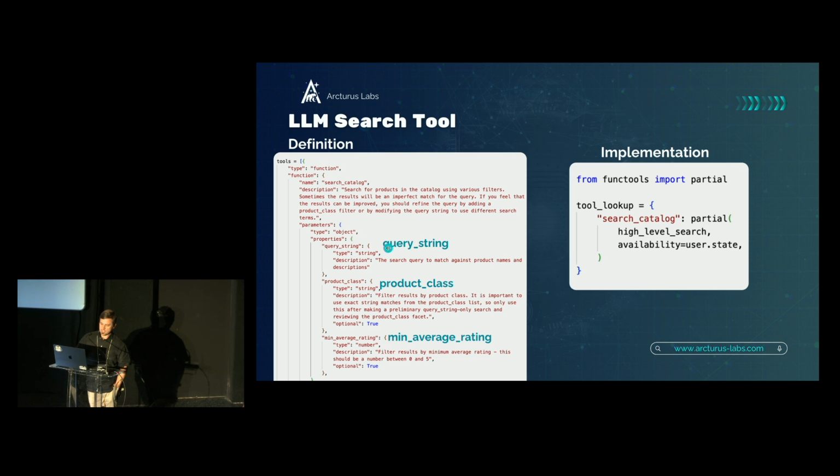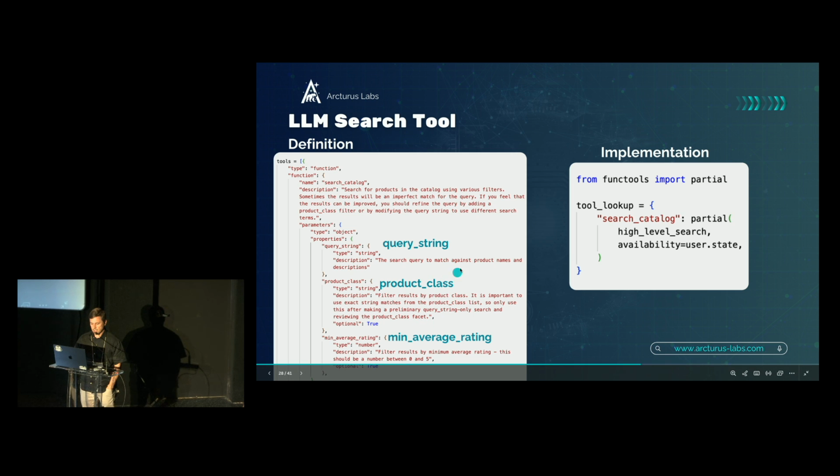The model should understand that the search catalog function has different arguments, different properties associated with it: query string, product class, minimum average rating, and it should also understand what these apply to. So we have very verbose descriptions of our functions just to make sure that the model has a reasonable understanding of what's going on. And then we actually give this function to the model.